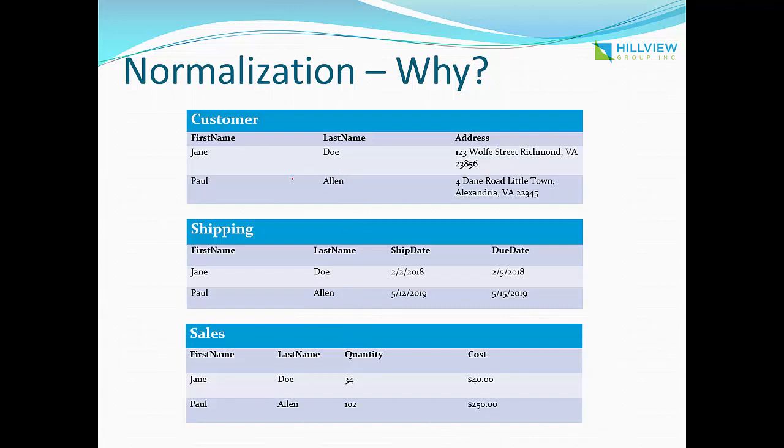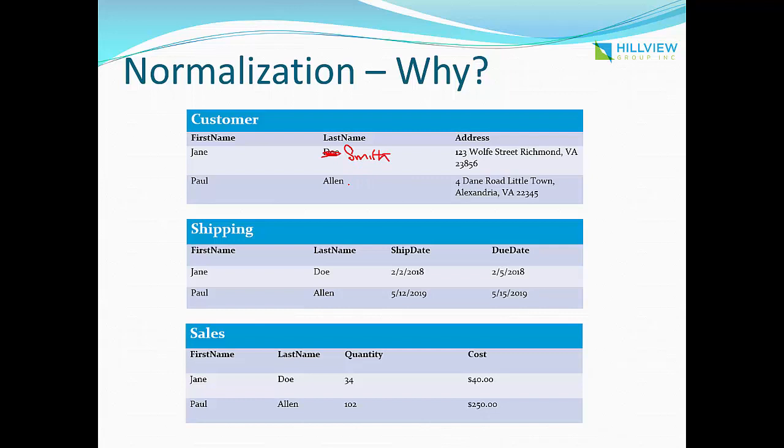Now, just assume that Jane's last name changed to, let's say, Smith. Okay, so now Jane is not Jane Doe anymore, but now Jane is Jane Smith. And we have rightly come here to the customer entity to change that name.